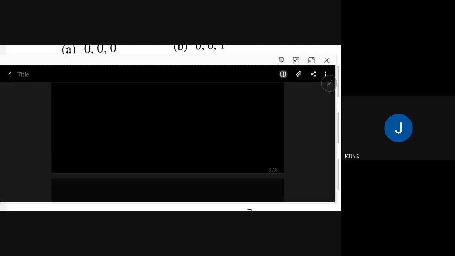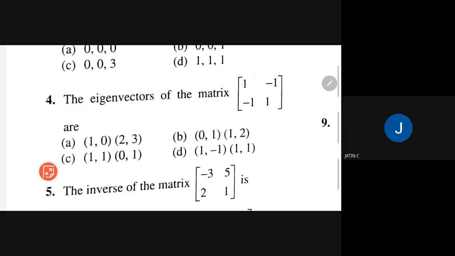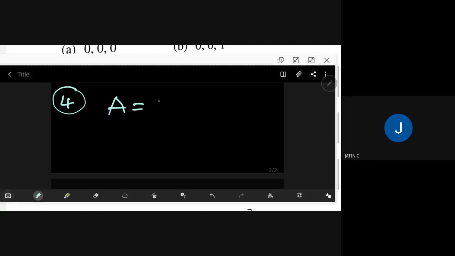So what is that here? This is our fourth problem. What is given? It is given that A is equal to 1 minus 1 minus 1 1. So simply you multiply this A by the choices I am writing.